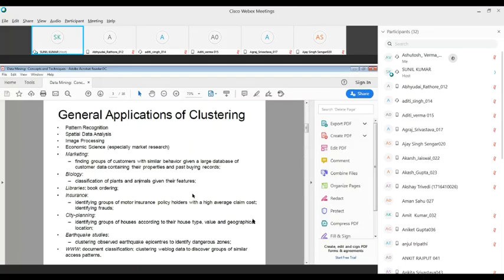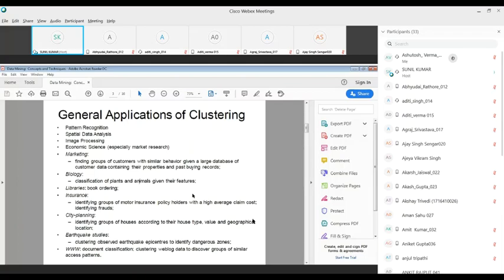If a firm is interested in finding groups of customers with similar behavior, meaning customers who have the same purchasing or buying behavior, and it is provided a large database of customers, this application comes in marketing. It is helpful in grouping customers based on the properties of their past buying records or behavior.